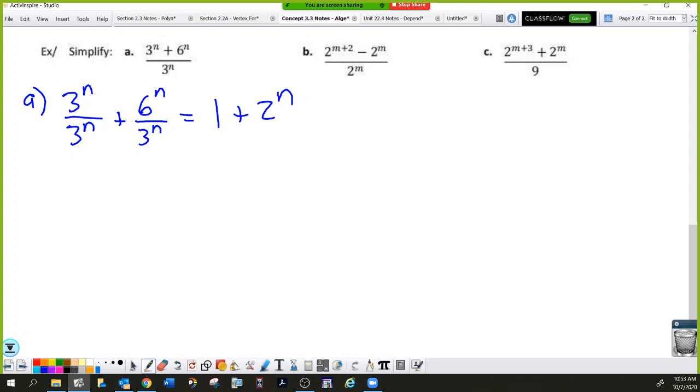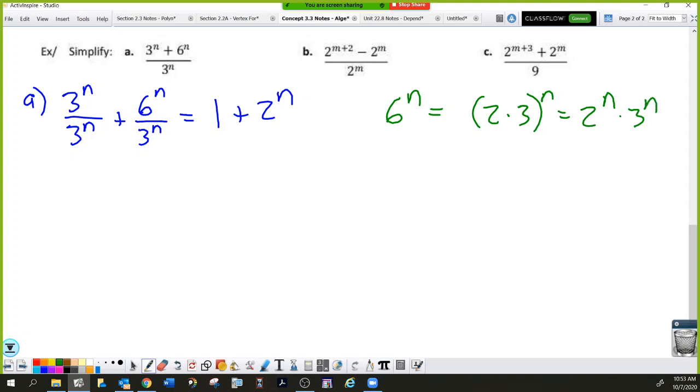So this is an aside that would have made this question maybe a little bit easier. 6 to the n can be thought of as 2 times 3 to the n, which is 2 to the n times 3 to the n.